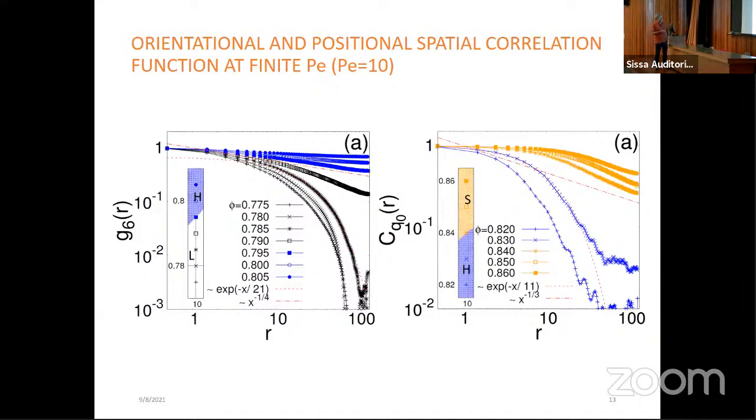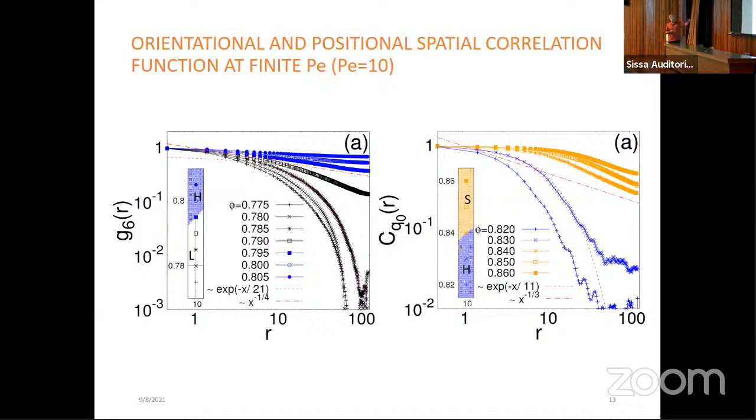Yes, it is written there. You see that the yellow curves are in the solid phase, and then at a certain point they change behavior and they decay very fast when you go into the hexatic phase. This is the translational correlation function.